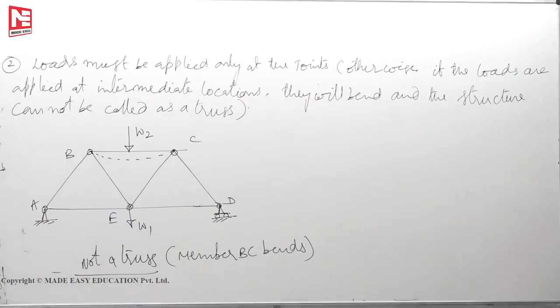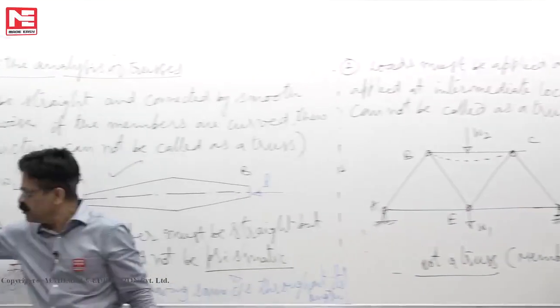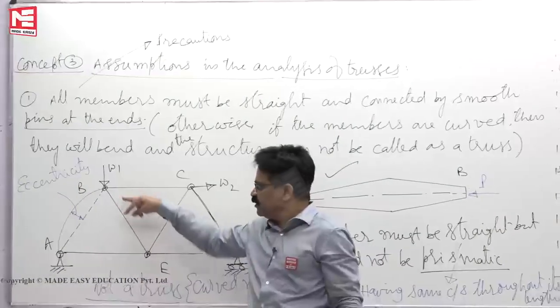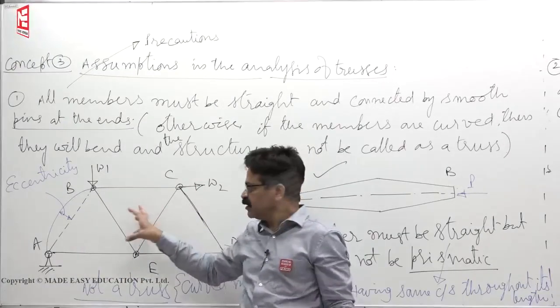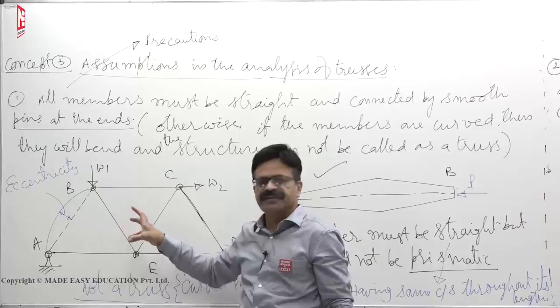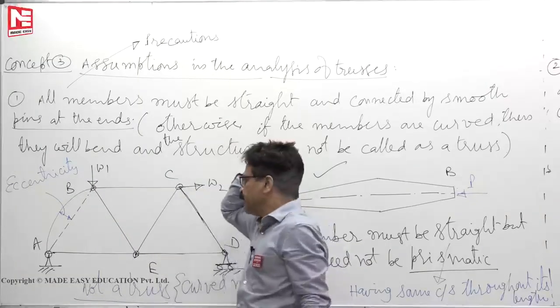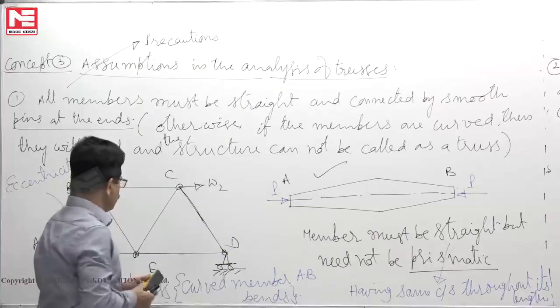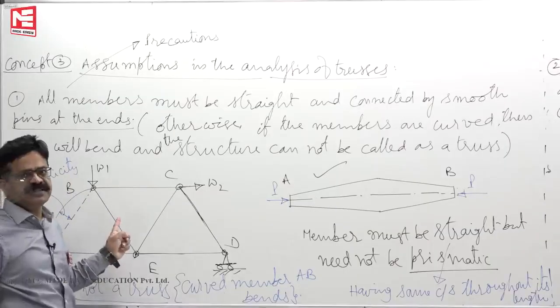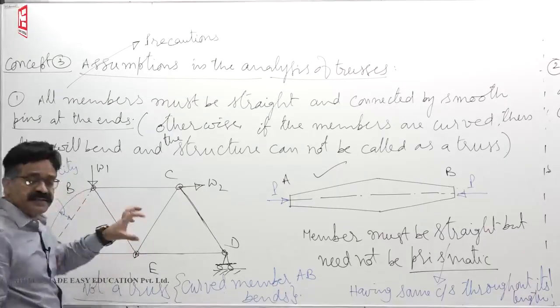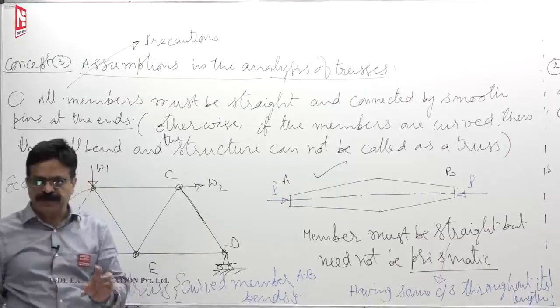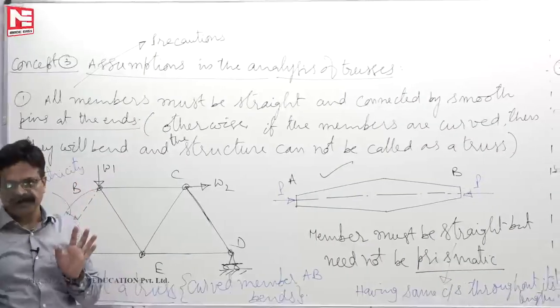Now, you see, in a truss, the number of members, joints are having a definite relationship. We'll see what it is. This is a link construction, as I told you. Such link construction is stable only when it is in the triangulated form.